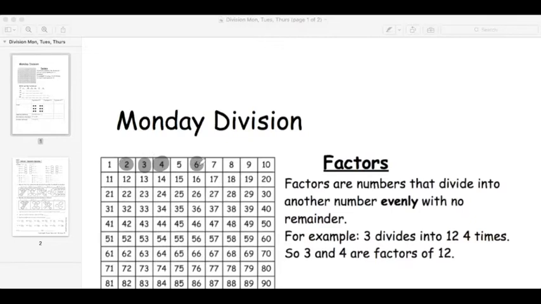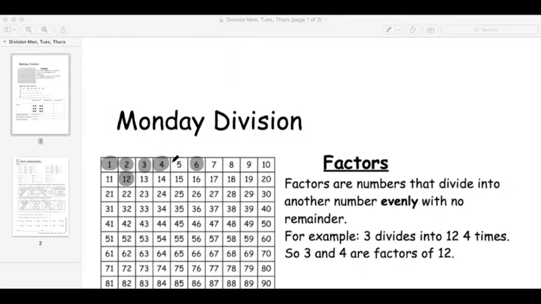And another factor that's going to come up in every single number is 1. So 1 is a factor of every number, because you can say 12 divided by 12 equals 1, 8 divided by 8 equals 1, 20 divided by 20 equals 1. So in this case, 1 goes into 12 times, so 1 times 12 is 12.